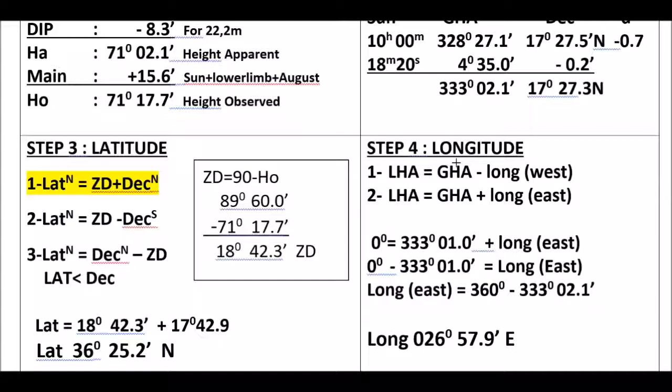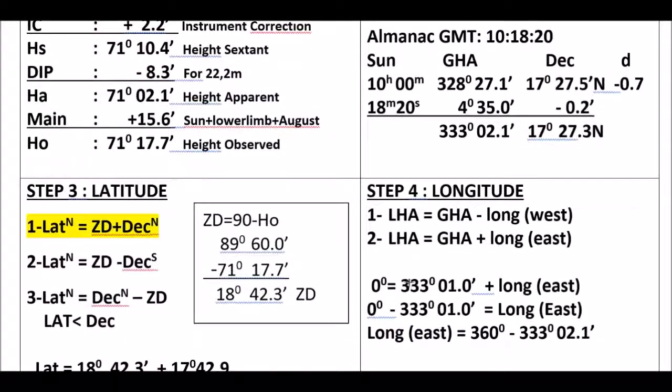So this means GHA of the sun is our longitude. We have two formulas for longitude. Local hour angle equals Greenwich hour angle minus longitude if it is west. Local hour angle equals Greenwich hour angle plus longitude if it is east.